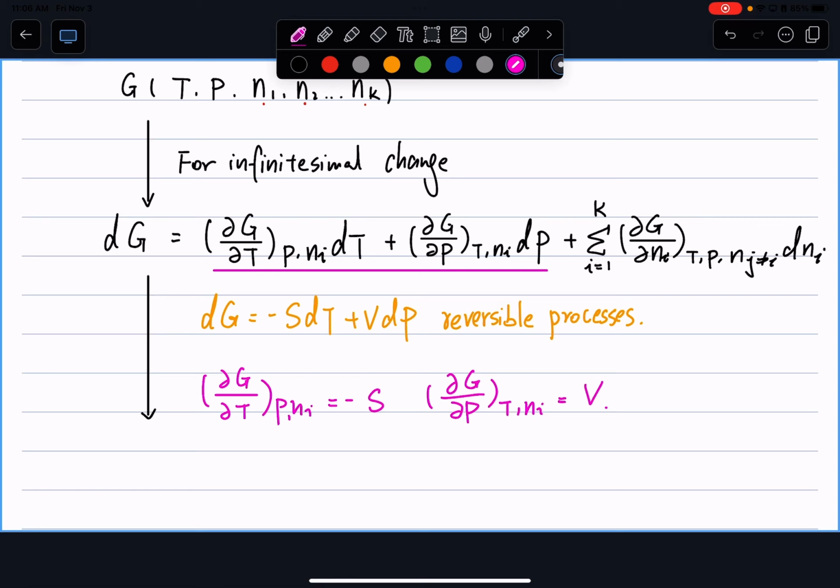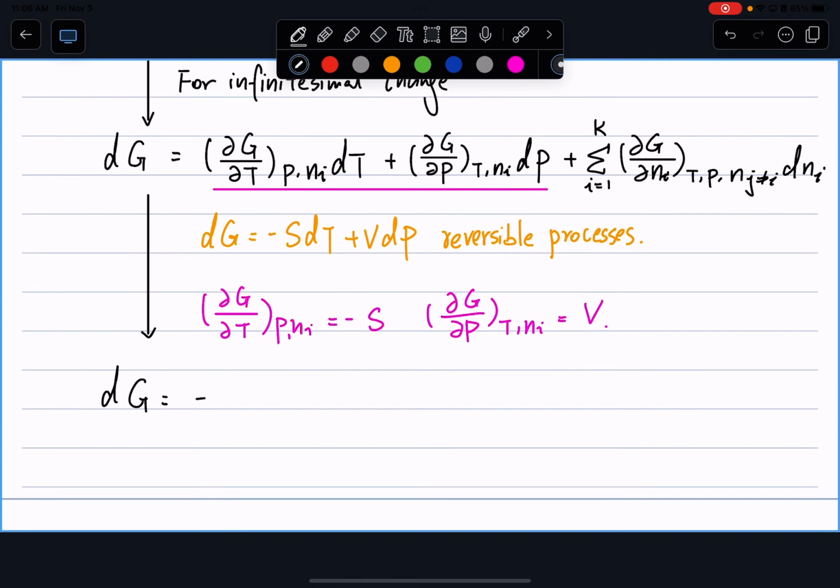So our new expression for dG becomes negative S dT plus V dP, and plus this term here.